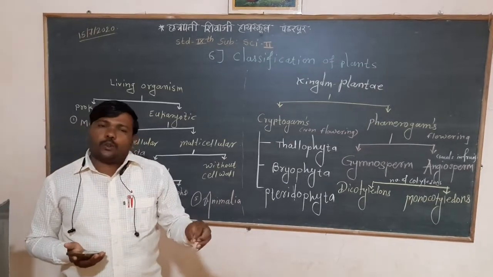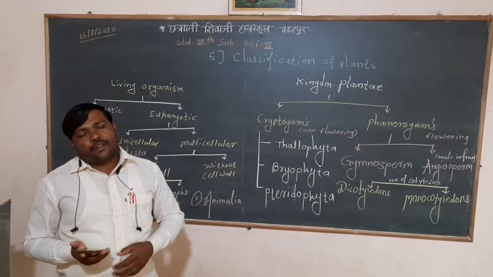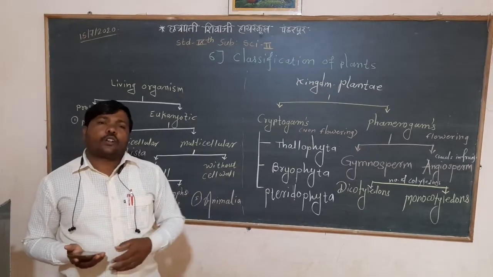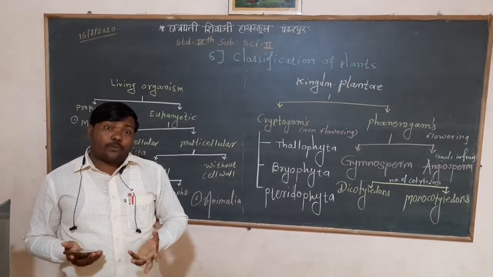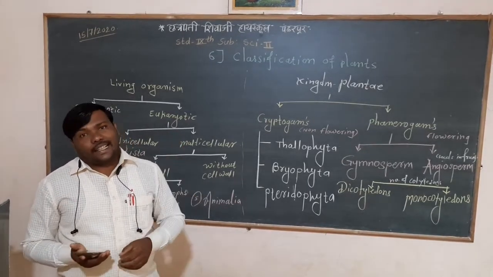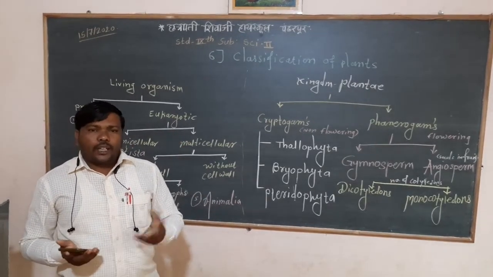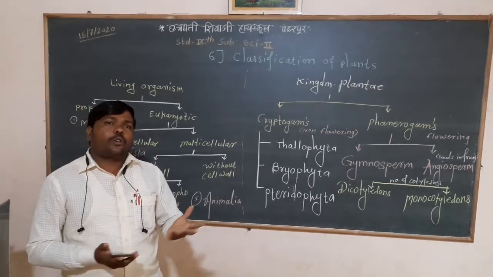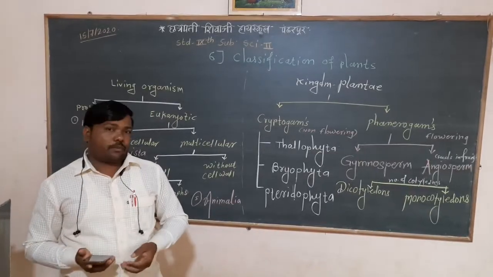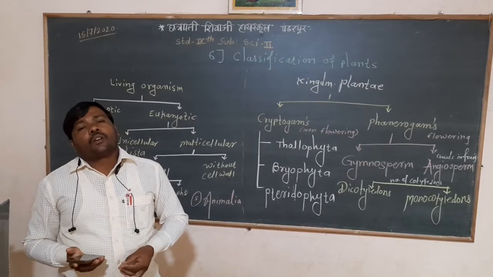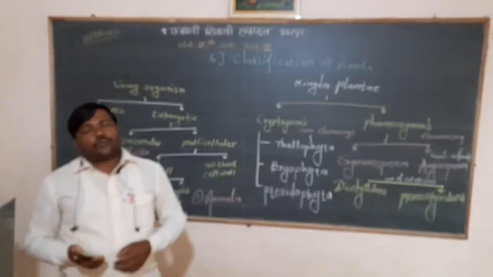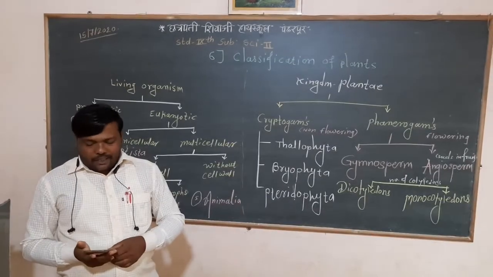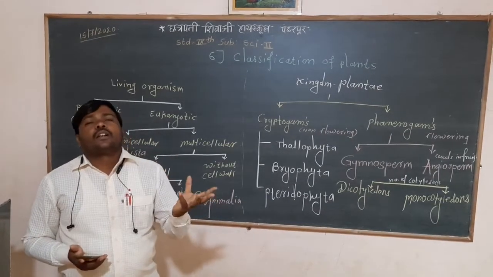Earlier there were only plants and animals, but as study went on, they understood there were microorganisms which cannot be seen with naked eyes, and which form groups that are neither plants nor animals. Due to this reason they needed classification again.